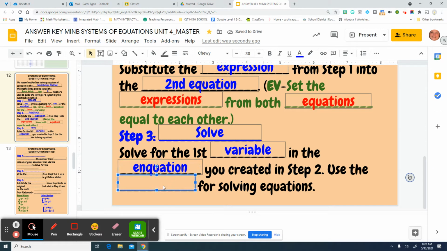And we're going to use the 5 steps for solving equations. So I hope you guys remember I told you we're going to solve equations for the rest of the year. 5 steps is not going away.